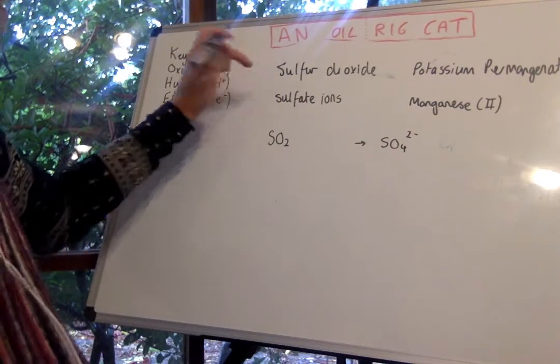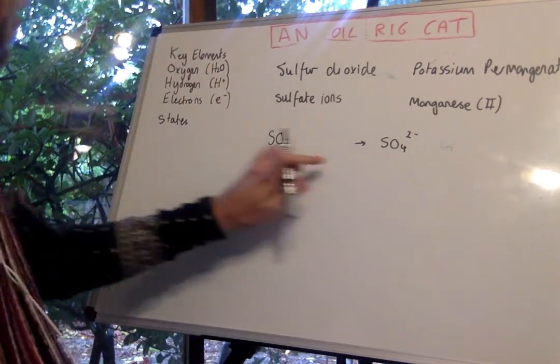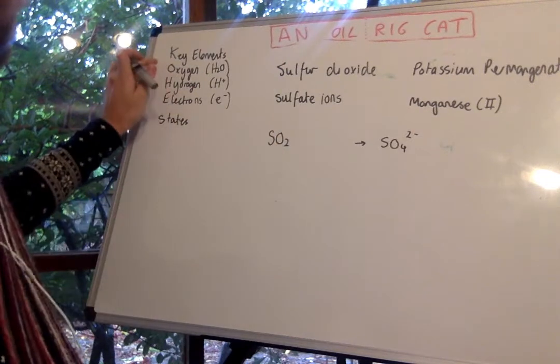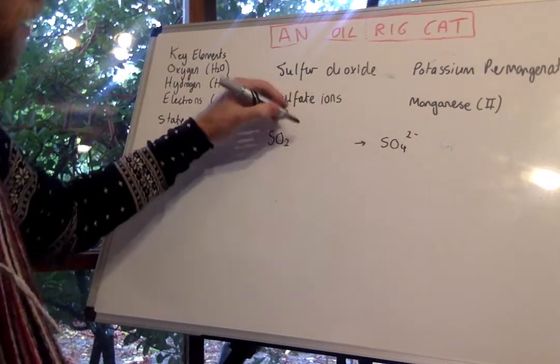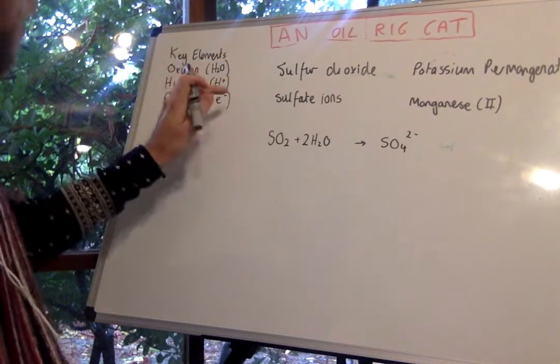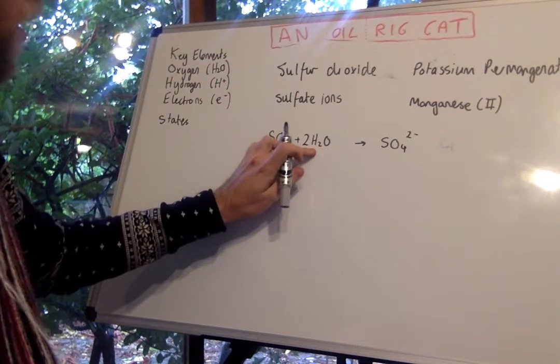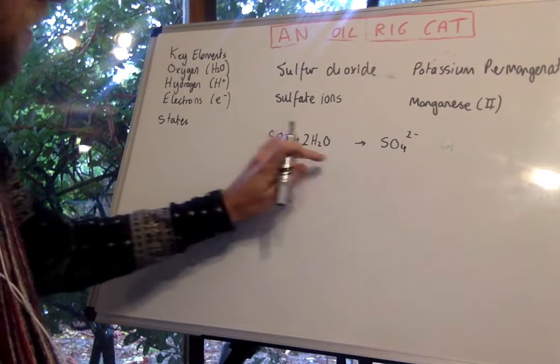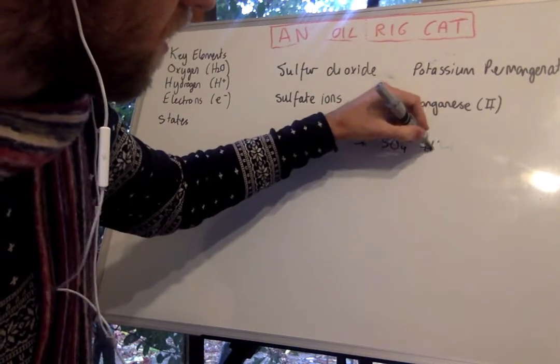That's this first one. So again, key elements, sulfur is our key element. There's 1 on each side, so it's easy. Oxygen, we've got 2 on the left and 4 on the right, so we add 2 more oxygens, which means we add 2 waters on the left. Next, we've got our count of hydrogens: 2 hydrogens in each water, and there's 2 of them, so 2 times 2 equals 4. We add 4H plus on this side.